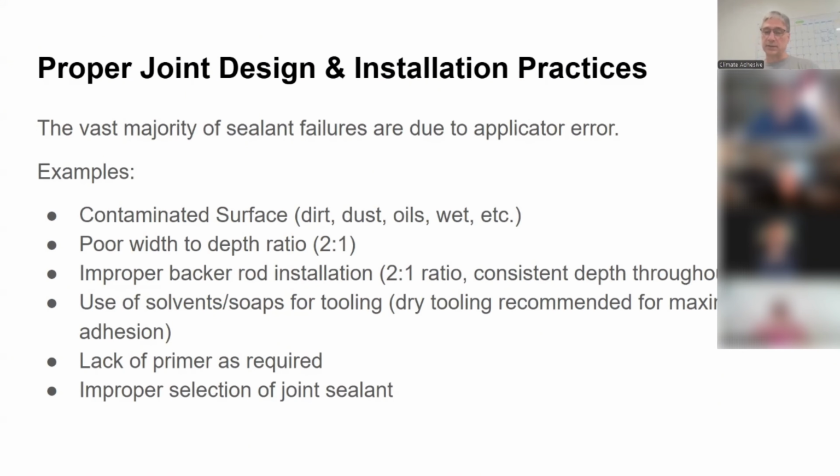When we send our stuff out, if you apply it properly, it's going to work the way it's supposed to. Obviously, there are exceptions, but for the most part, applicator error is where the majority of your failures come from.